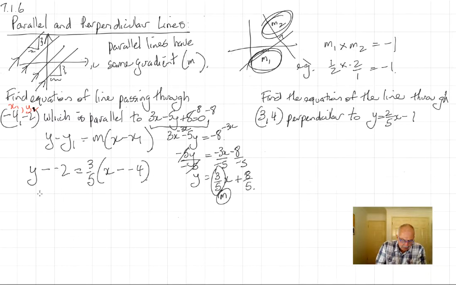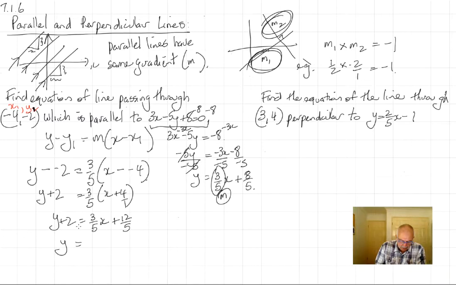Minus minus becomes a plus, equals 3 on 5 outside of x plus 4. Y plus 2 equals 3/5 x. Now when we multiply that out, that's like 4 over 1, so that'll be 12 on 5.